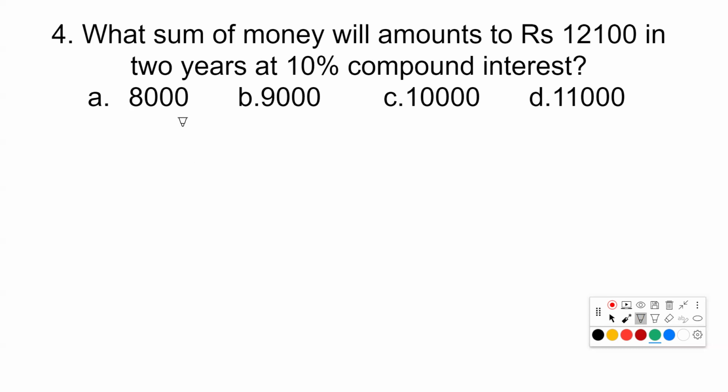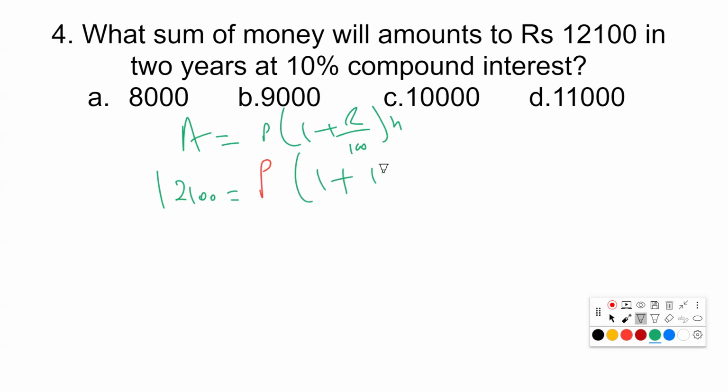So basically, you are applying the formula to get the answer. Amount is P into 1 plus R by 100 power n. What is amount here? 12,100. P you don't know, so let's keep P like that only. And then what else do you know? 1 plus the rate of interest, 10%. And the time period here is 2 years. That is also given to you.